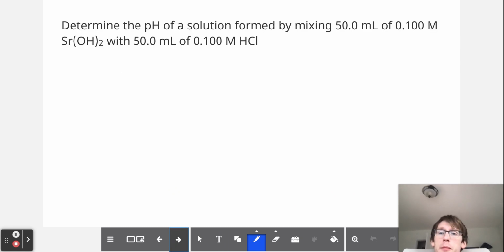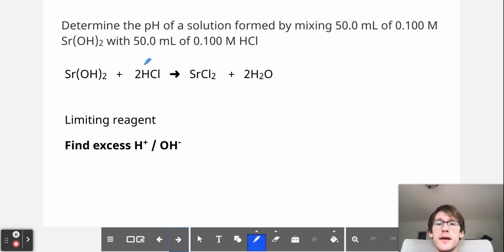So our next problem is where we're determining the pH of a solution formed by mixing known volumes of acids and bases. So we're not solving for a molarity or a volume of acid or base here. When I see this, I think known amounts of everything, this has to be a limiting reagent problem where we figure out the excess amount of H+ or OH-, depending on which of those two is in excess.